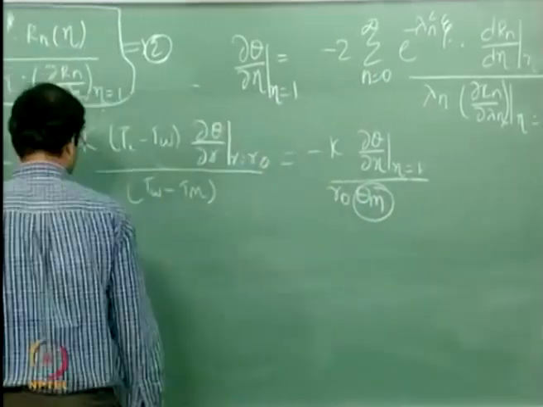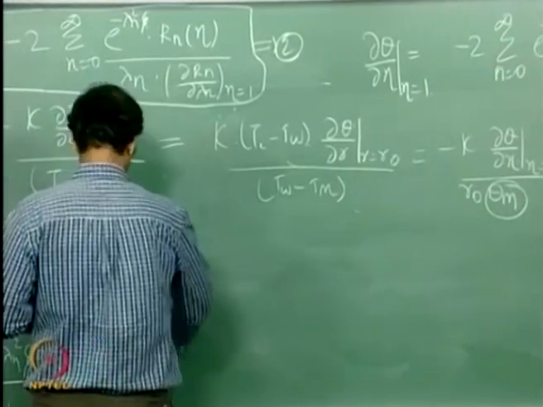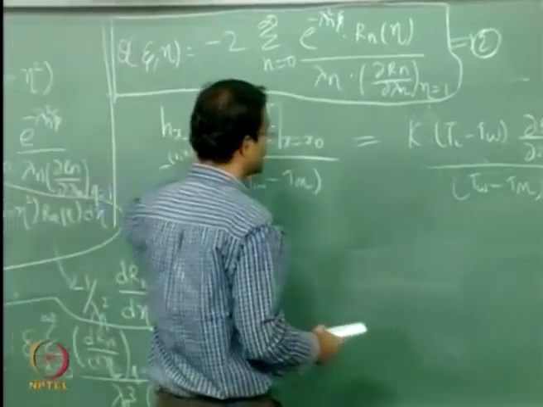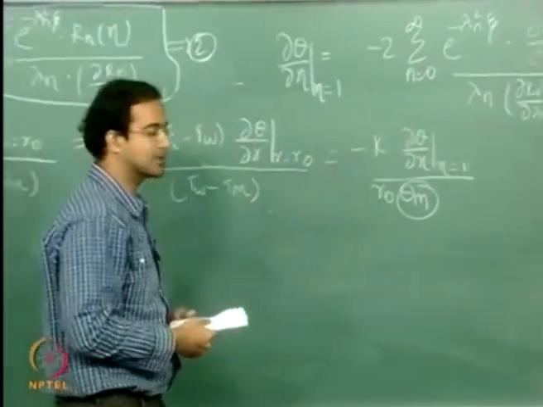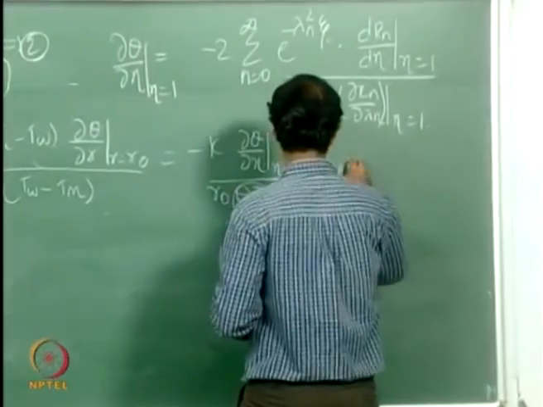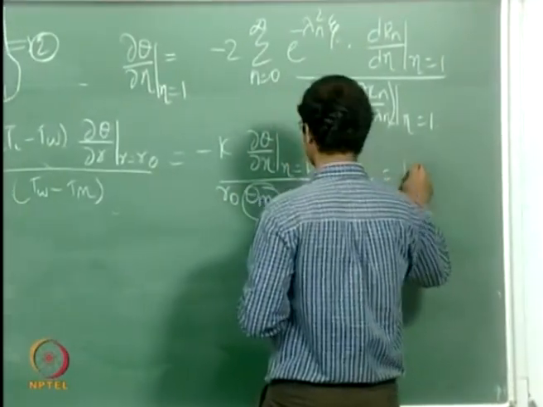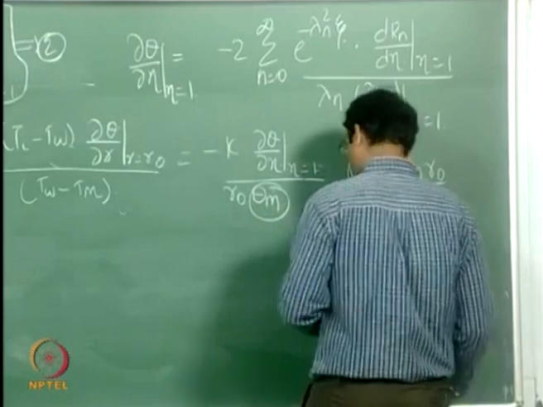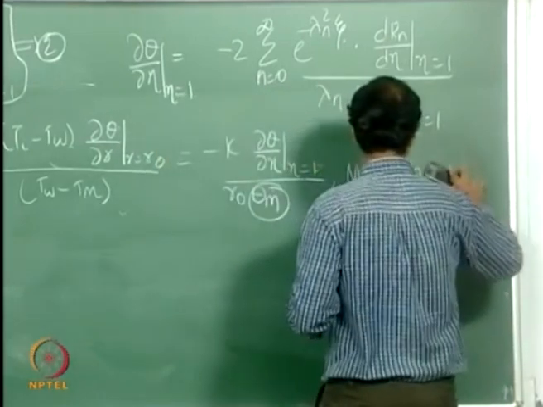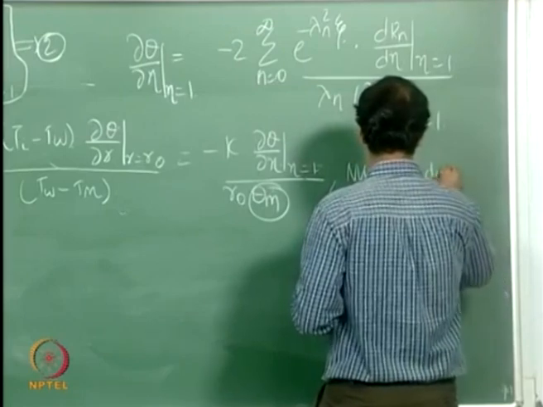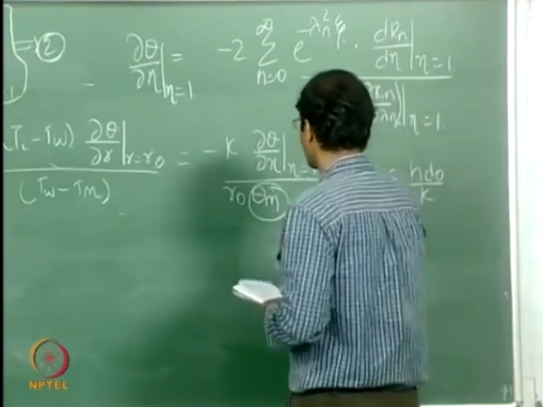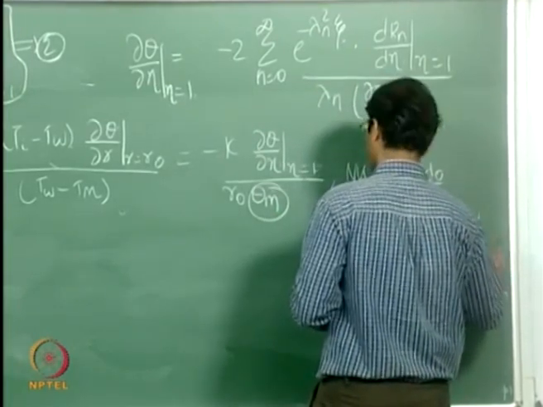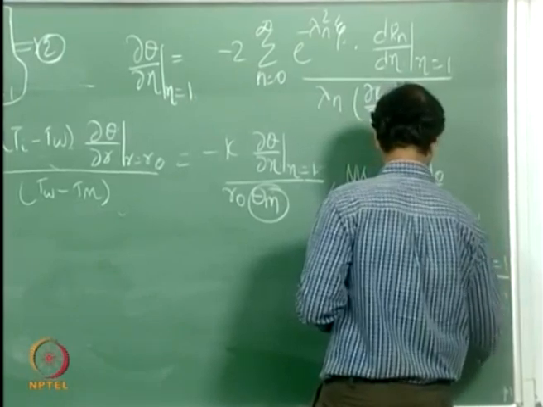So if I substitute, I have my expression for hx as minus k by r naught. I can directly get an expression for nu, which is defined as h into r naught by k. It should actually be defined with respect to d, therefore I will write this as h into d naught, and so this will be d naught by 2, therefore minus 2 into d theta by d eta at eta equal to 1 divided by theta m.